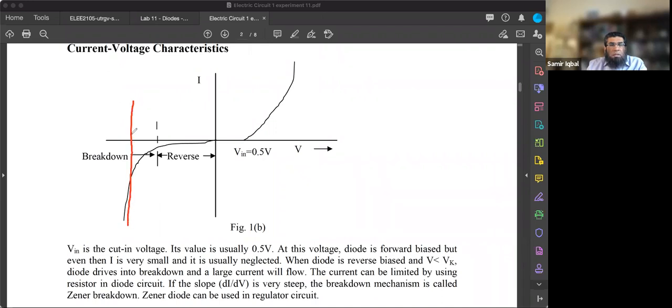The voltage is not going any further. Even if you increase the voltage, the current is saturated. So we call this voltage PIV. We cannot go any further than that voltage. Even then we do not get any change in the current. The current is already saturated, already at a higher level. So we call that voltage PIV.